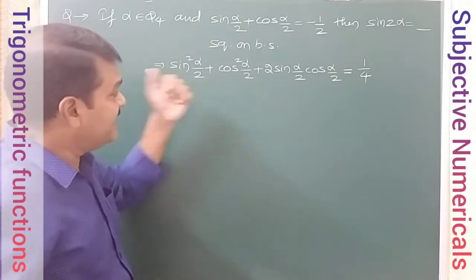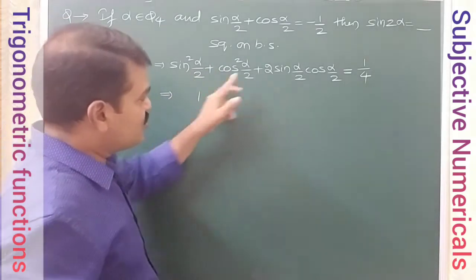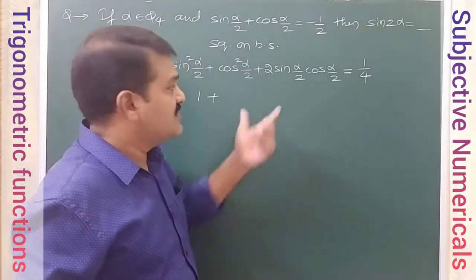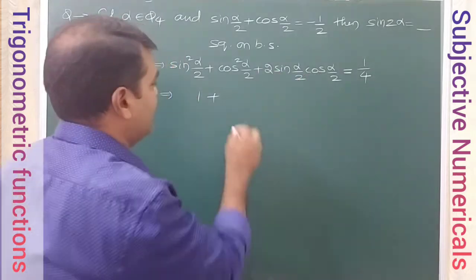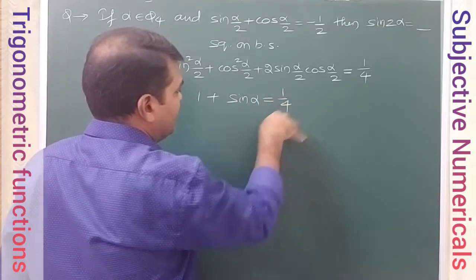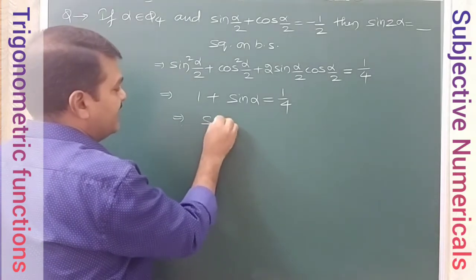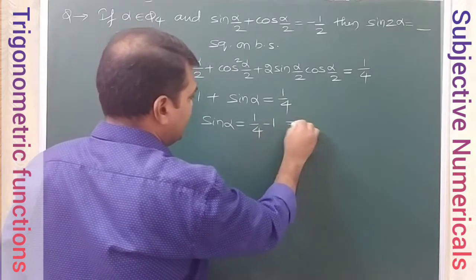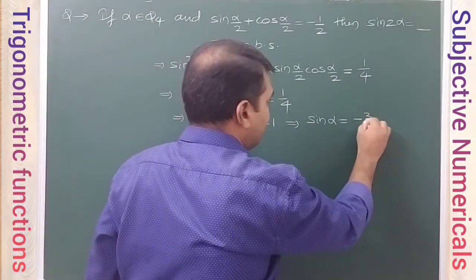This is an identity. So this is 1 plus 2 sin alpha by 2 cos alpha by 2, which is sin alpha. This is the multiple-submultiple formula of sin alpha. So 1 plus sin alpha is equal to 1 by 4. Therefore we get sin alpha as 1 by 4 minus 1, that means sin alpha is minus 3 by 4.